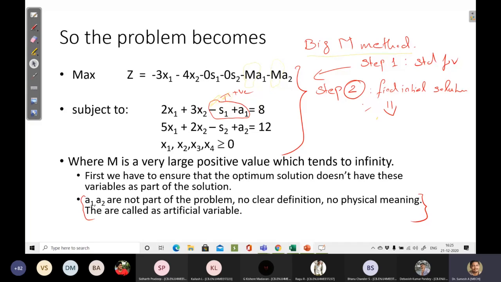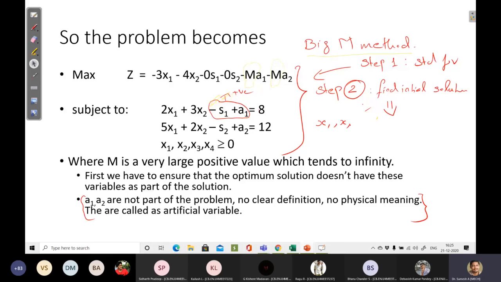So whatever is not part of the problem, you need to remove from your solution space at the earliest. So in this case you can say x1, x2, s1, s2 equals 0.